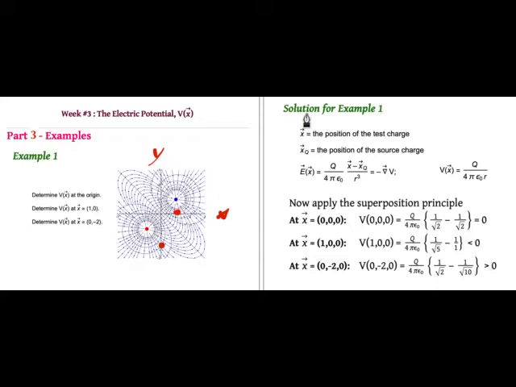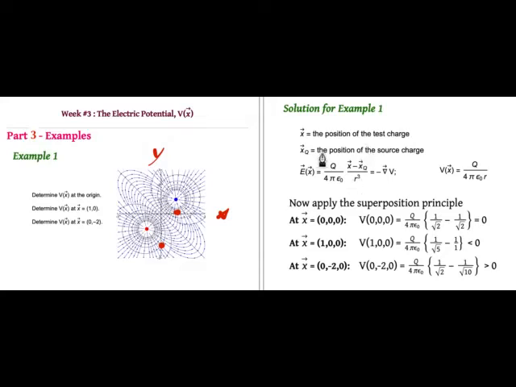All right, so here's the solution. We'll call x the position of the test charge, or the position of the point where we're evaluating the potential. We'll call x sub q the position of the source charge. Then we know the electric field at that point x is q over 4 pi epsilon 0, (x minus x_q) over r cubed.